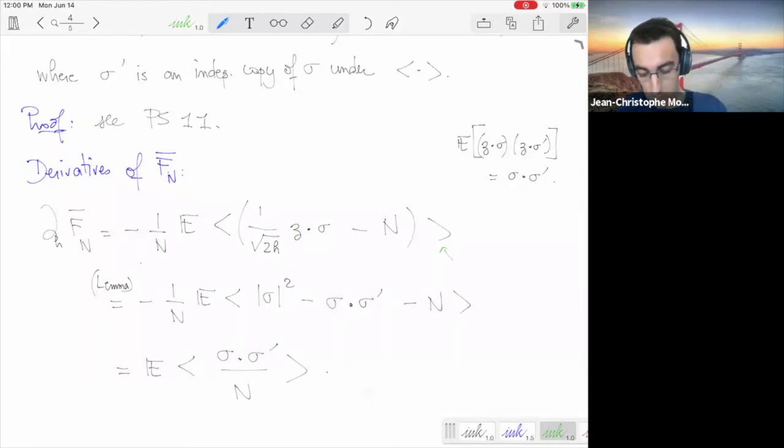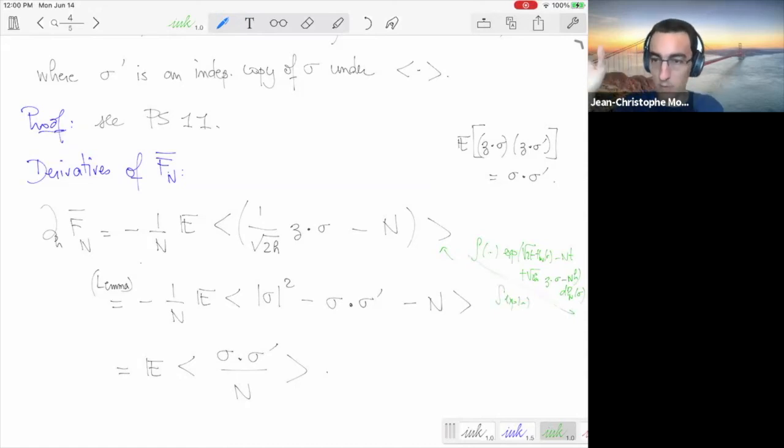So this is shorthand for the integral of whatever we put in the brackets times the exponential of square root of 2t Hn of sigma minus nt plus square root of 2h z dot sigma minus nh, dPn of sigma, all this divided by the integral of the exponential of the thing.